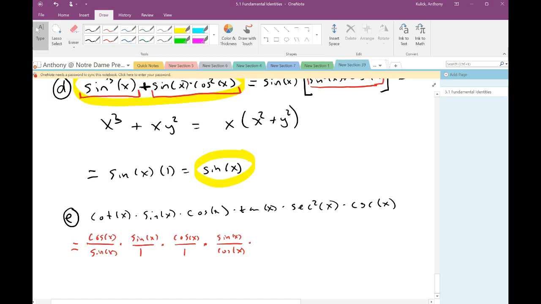Right, but now we have an addition in there, and that's not helping. What I'm going to do is I know that secant theta is 1 over cosine, so secant squared theta is 1 over cosine squared. Is everybody okay with that idea? And then cosecant is 1 over sine.